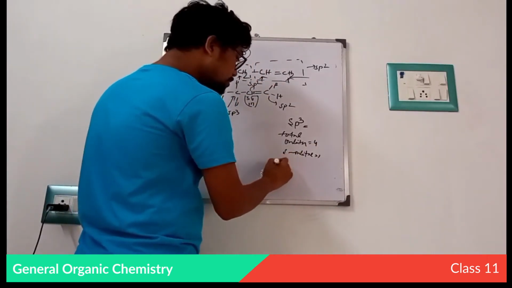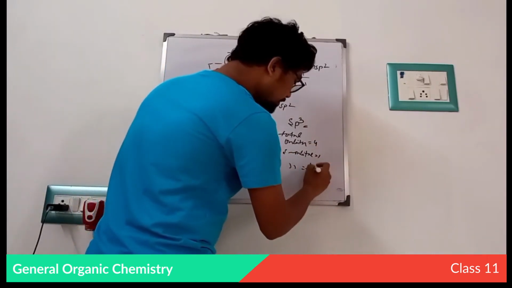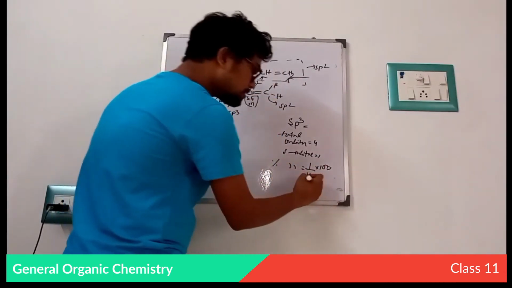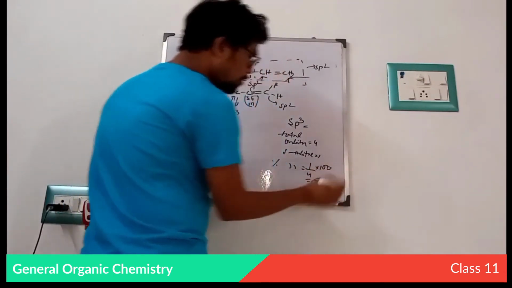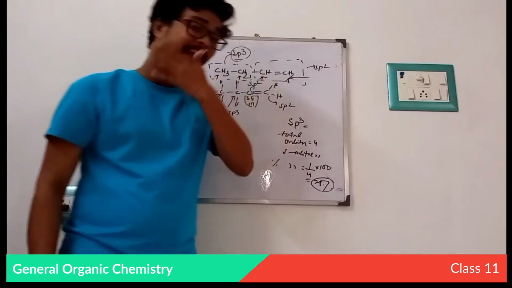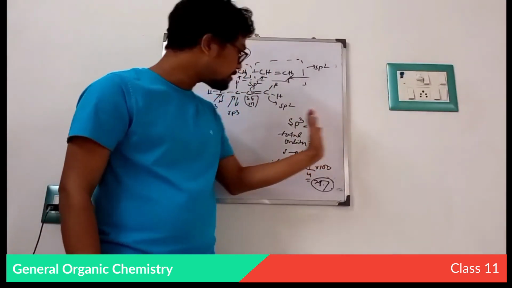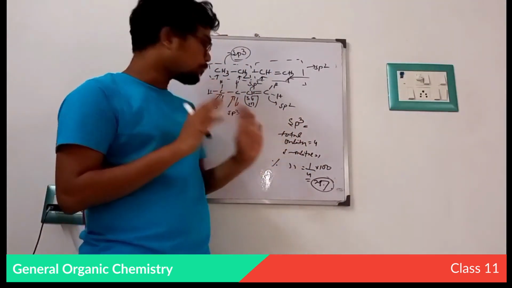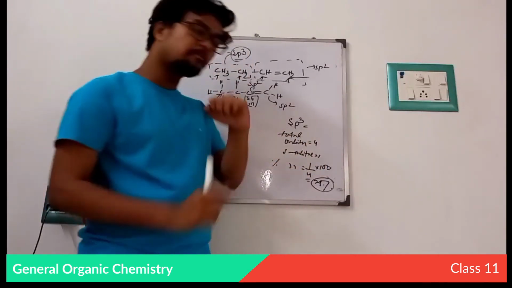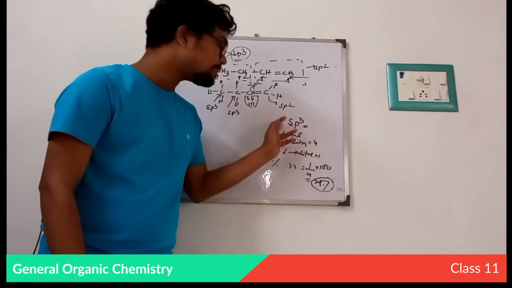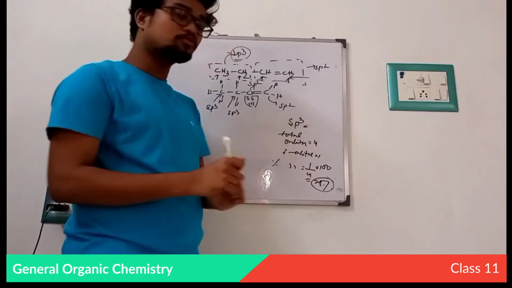So percentage of s orbital is 1 by 4 into 100, that is 25%. All of you got this point? I can repeat. This is the sp3 hybrid orbital. The total hybrid orbitals are 4, 1 s and 3 p. So the percentage of s orbital is 25%.